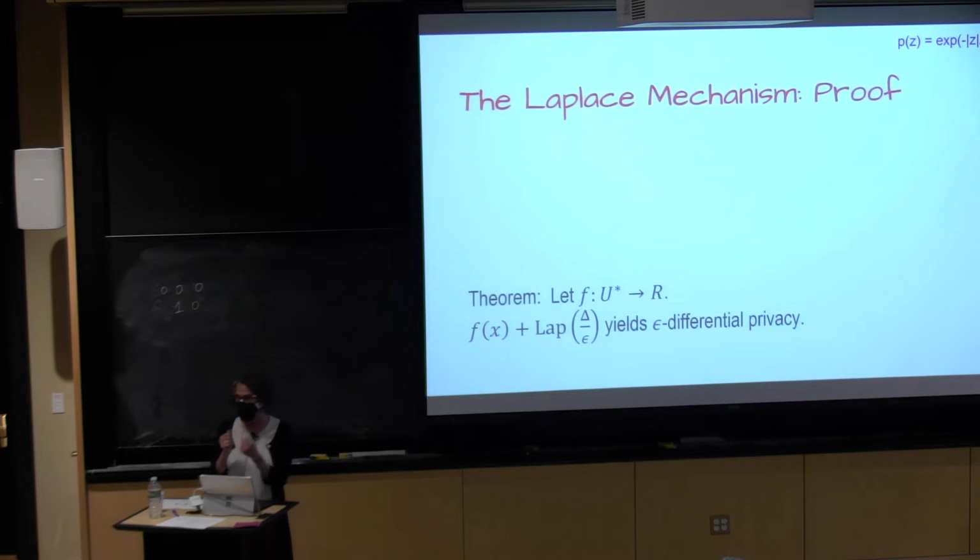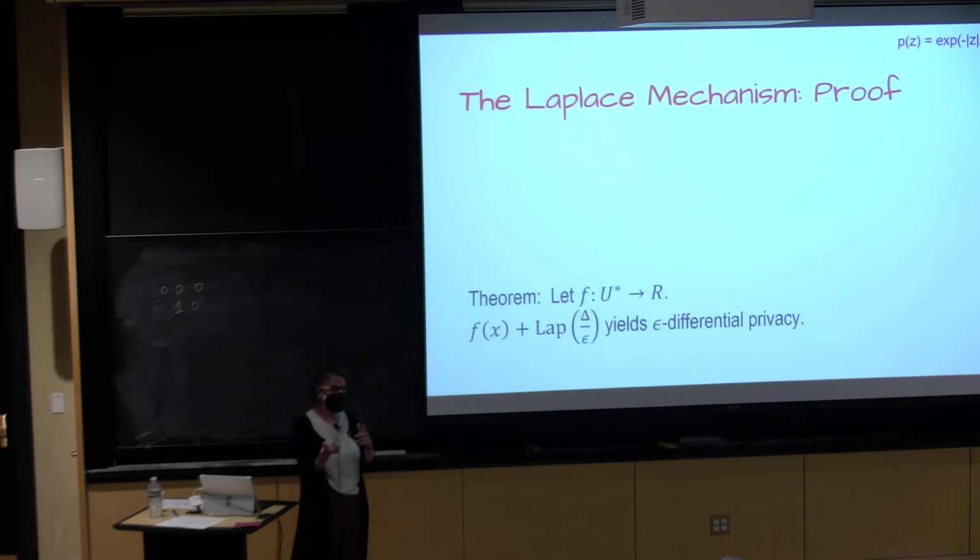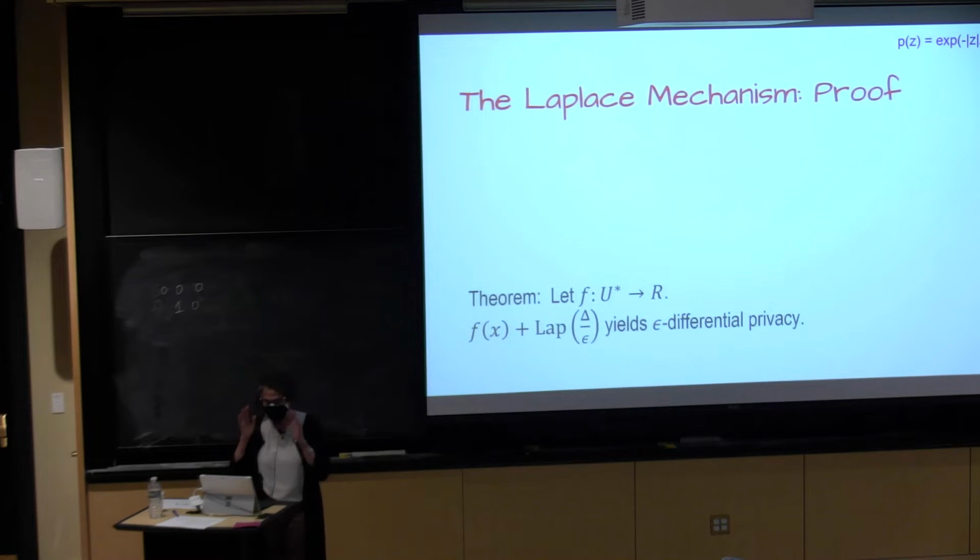It's the worst case over all pairs of adjacent data sets on how much the addition or deletion of one person can swing the value of the function. And so the privacy-preserving solution is to add noise from the Laplace distribution with parameter delta over epsilon. And this is the probability density function. So our b here is the parameter delta over epsilon. And why does it work?